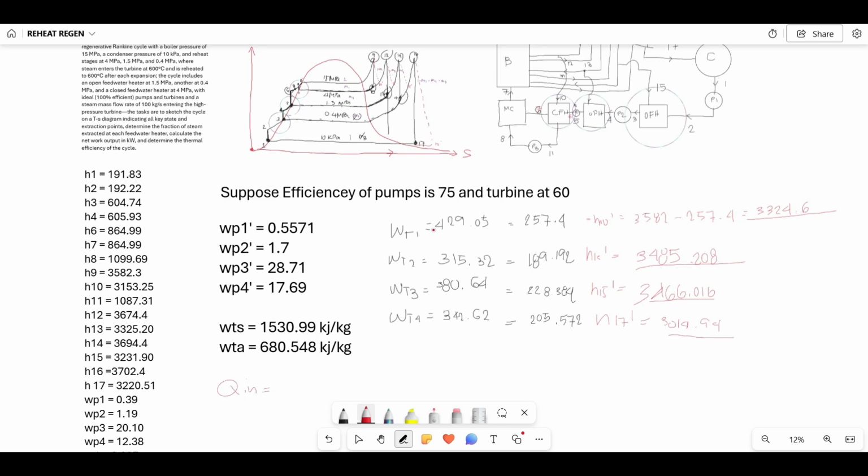So therefore, H14 is 3694.4 minus 3466.016 times 1 minus 0.097 minus 0.08.